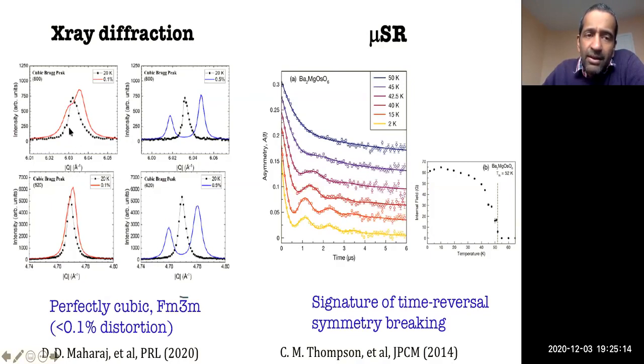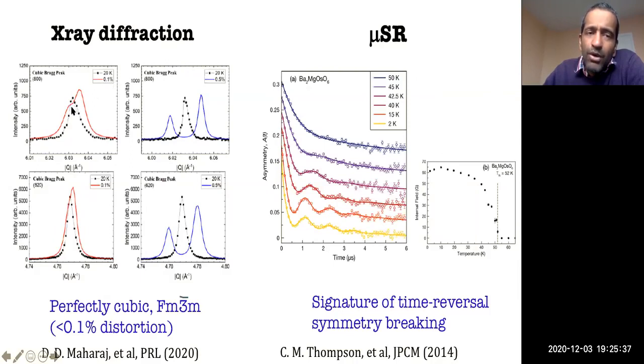And the data in black dots here are the X-ray diffraction, zooming in on one peak and scanning through it. What is shown as these solid lines is simulated data, assuming a distortion in this case of about 0.1%.